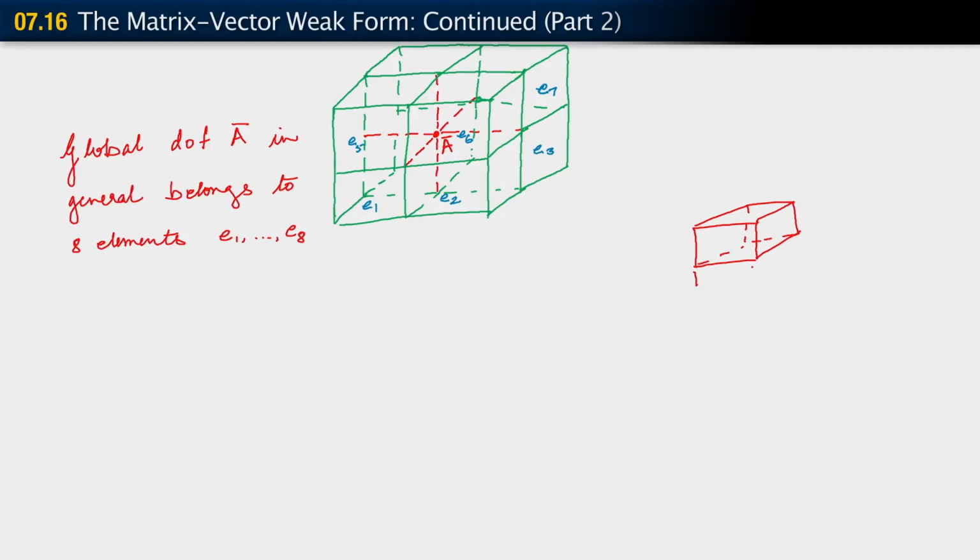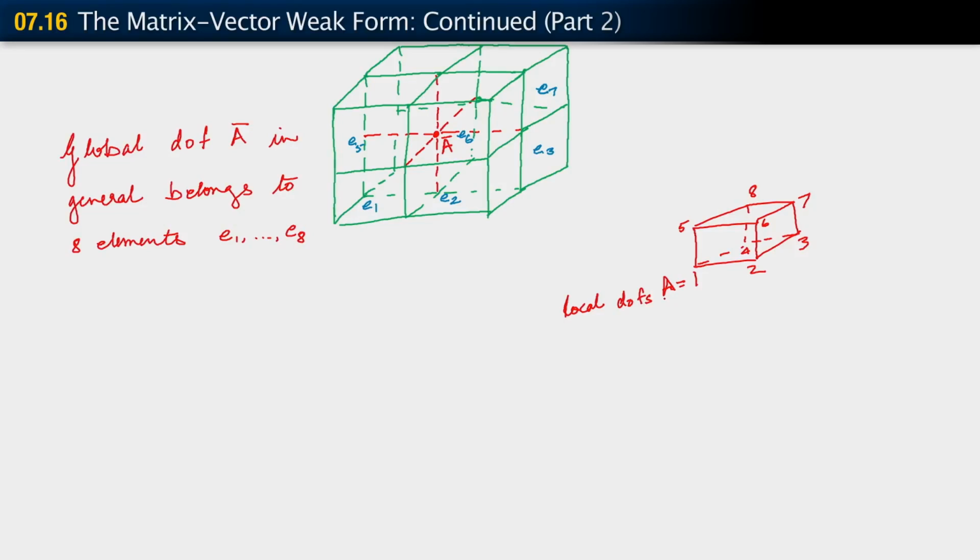Right, we've been talking of numbering as 1, 2, 3, 4 down there, 5, 6, 7, and 8. Okay, this is A equals 1. Okay, so this is local degrees of freedom numbering.